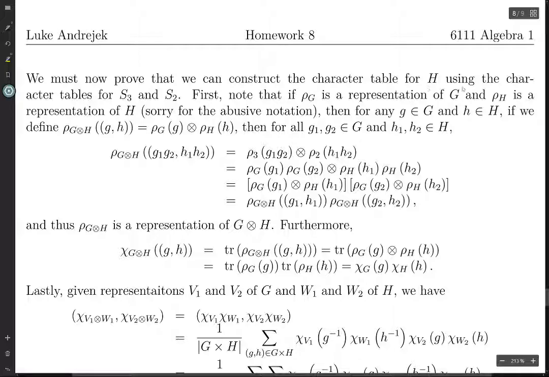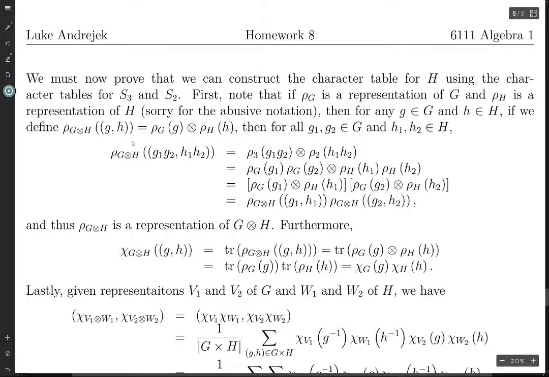So rho_G is a representation of G, and rho_H is a representation of H. Then we know that we can define the tensor product of these representations as follows. And then what happens is if we evaluate this at (g1, g2), then it gives this. And so this is indeed a representation, just in case you didn't trust me that this works.